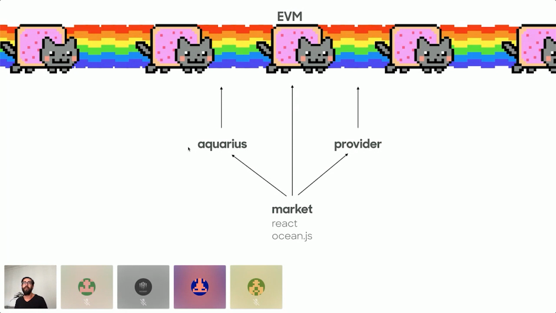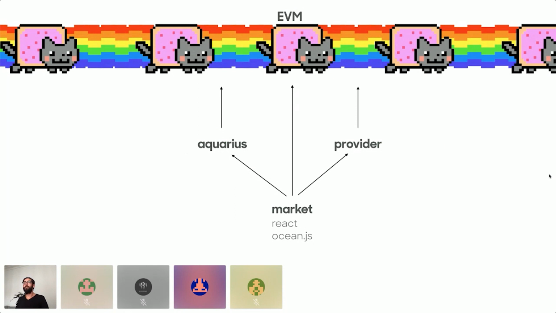Internally, we call it a poor man's The Graph. We know we want to go into a state where we can eliminate Aquarius and then only use The Graph. And as far as the access side is concerned, we still have the provider, and the provider now is still our access proxy whenever a consume or a publish happens.